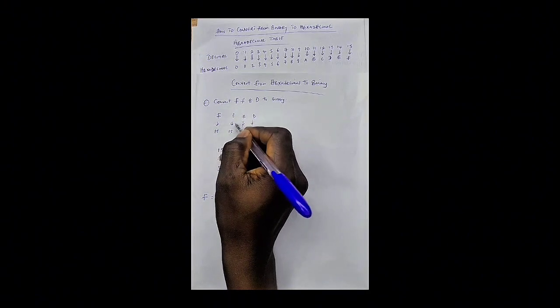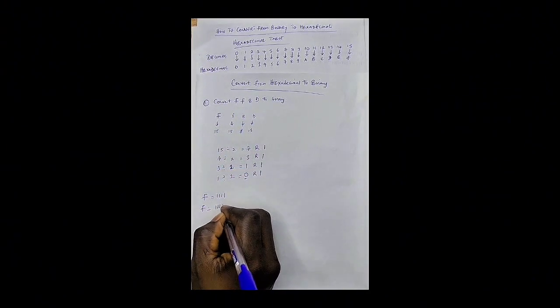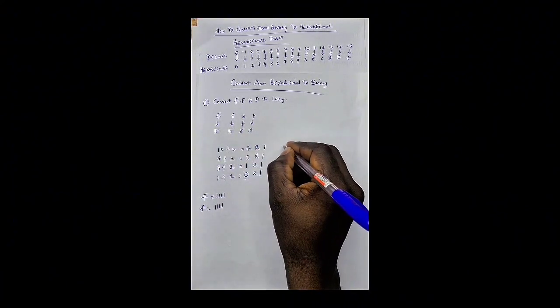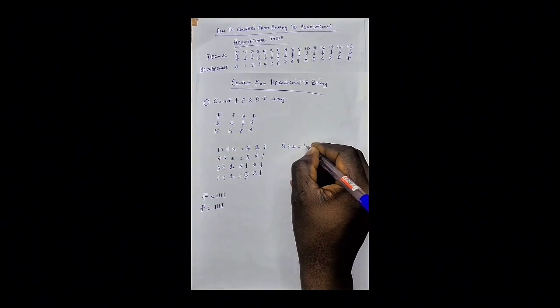Since the second F is still the same thing, the second F is 1111. So now let's convert the 8. 8 divided by 2 will give us 4.